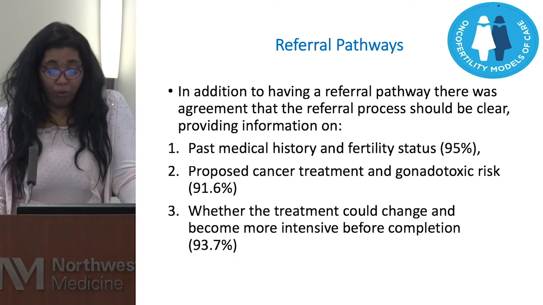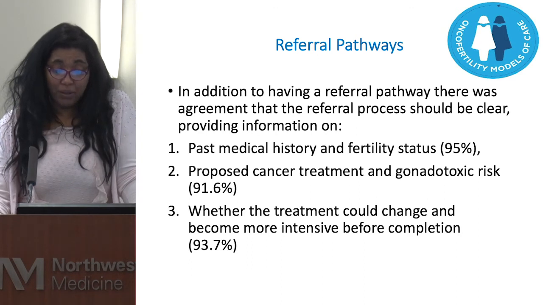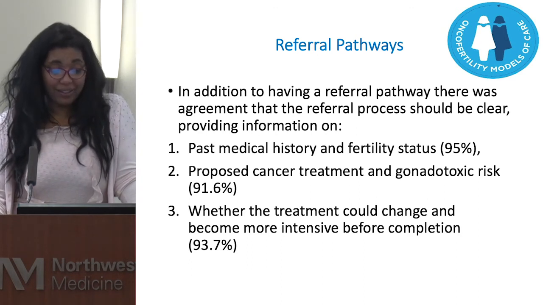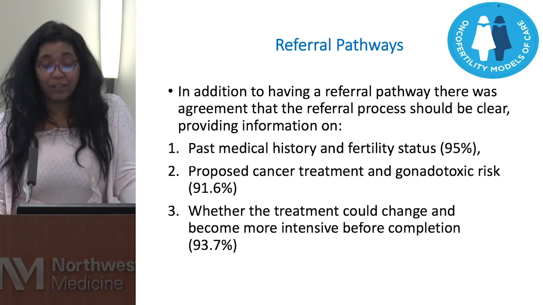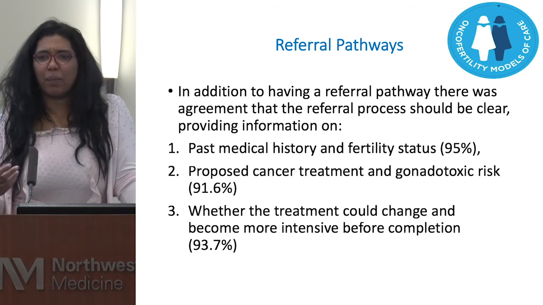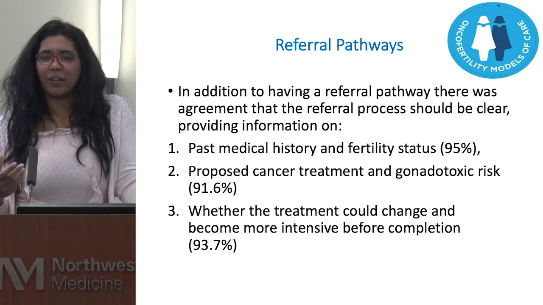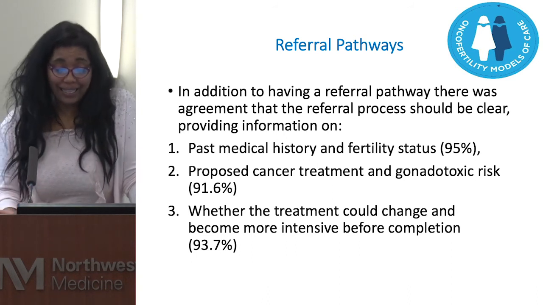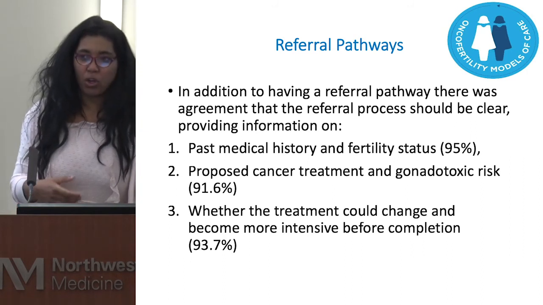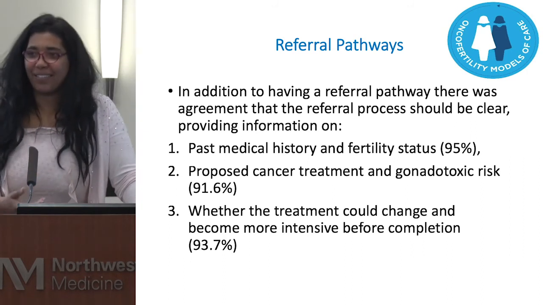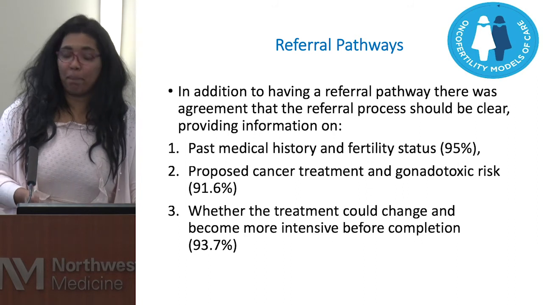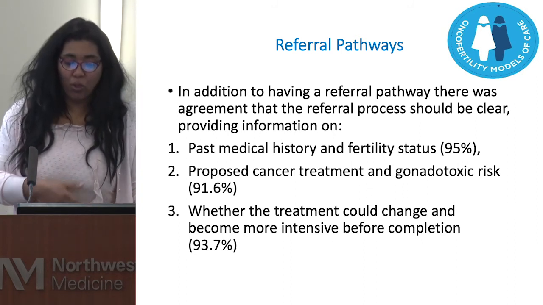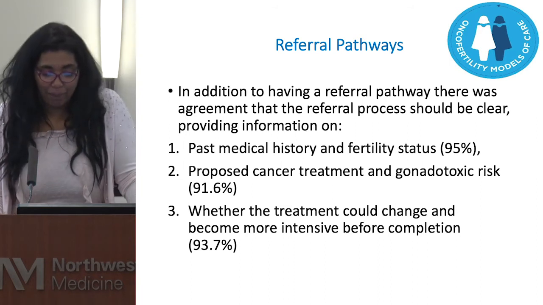In addition to having a referral pathway, there was an agreement that the referral process needed to be clear, that we needed to consider the past medical history and fertility status of patients. And that speaks to these guidelines that while we're thinking about the gonadotoxic risk of cancer patients, as an oncologist, we don't always think about the past medical history and the individual family risk that patient has.